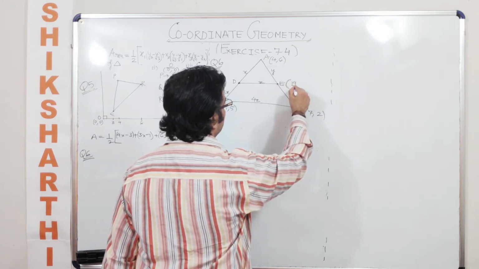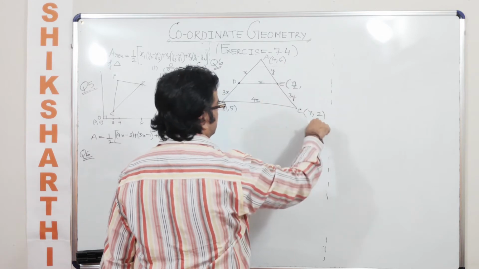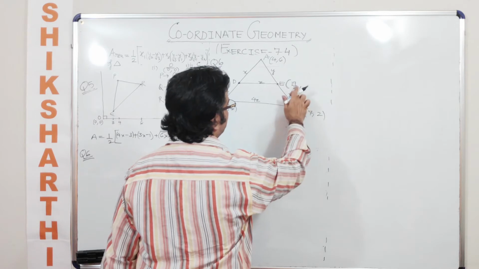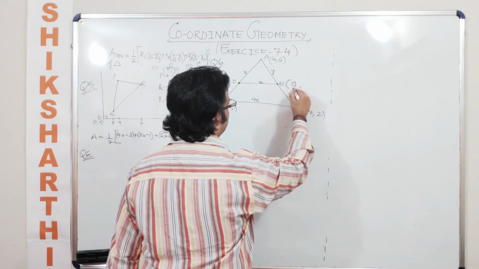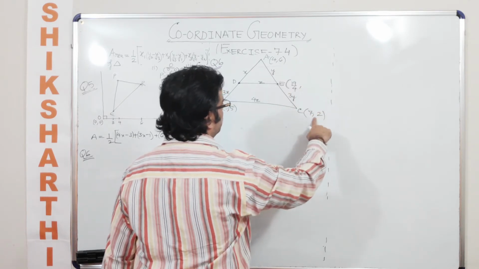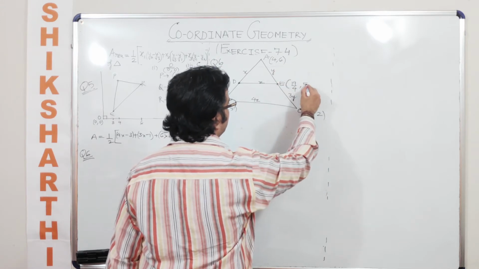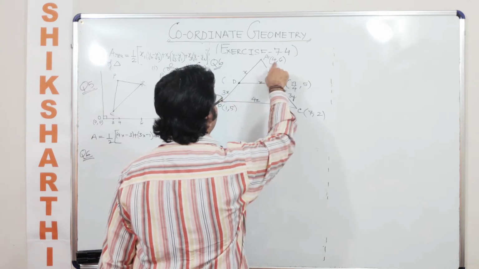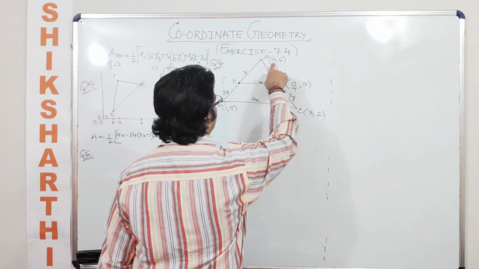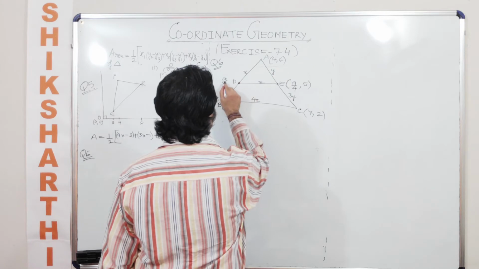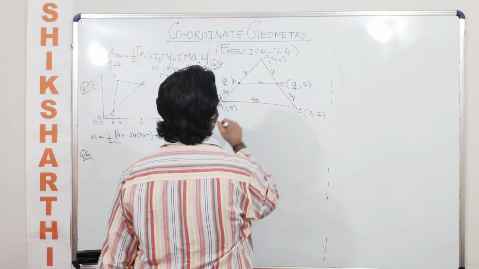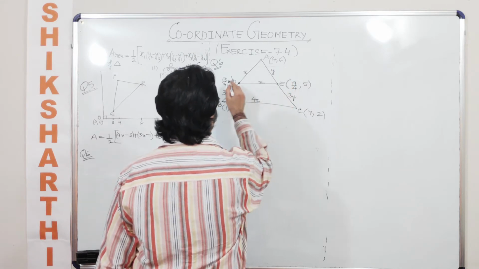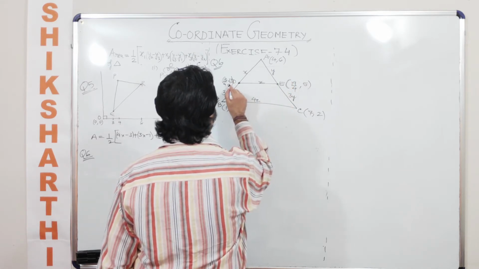So this becomes 19 by 4. So 2 plus 18 makes it 20. And here in this case I can say 1 plus 12 makes it 13, so 13 by 4, comma 5 plus 18, which is 23 by 4.